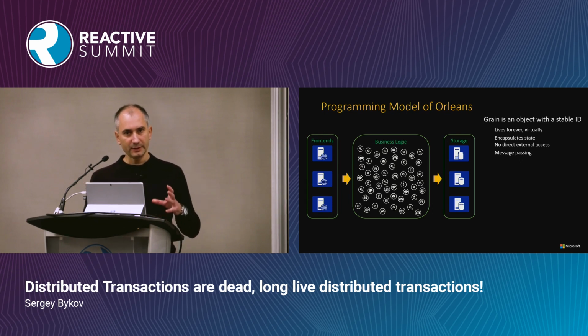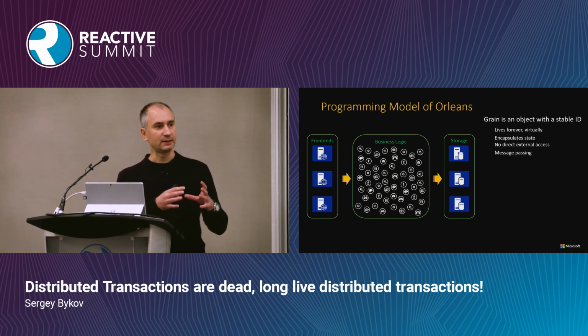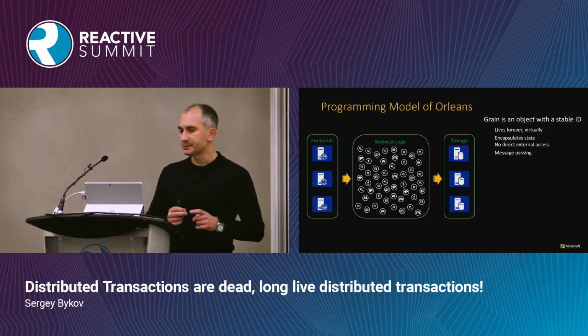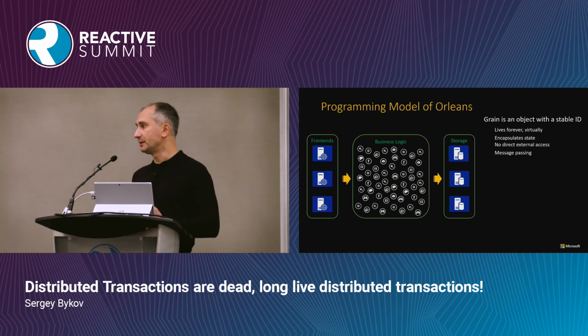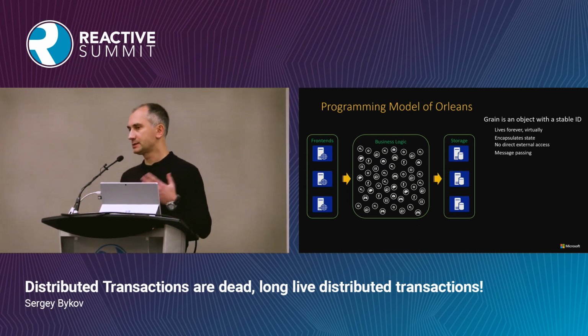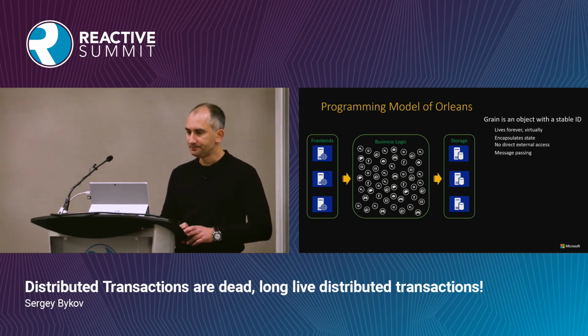So by following the actor model, a grain encapsulates its own state. So you cannot directly access the state of other grains. It's only message passing between them. We call it the virtual actor model, and that's what we published in our paper. So it's the actor model, but these actors are created and managed by the runtime on an as-needed basis.